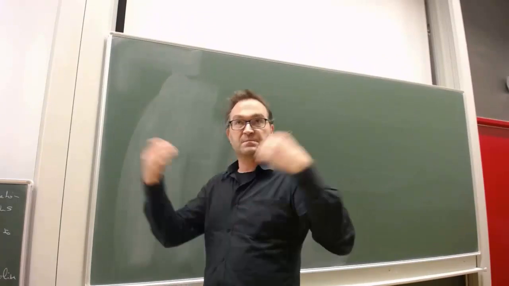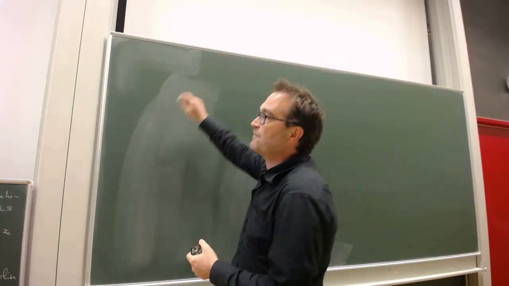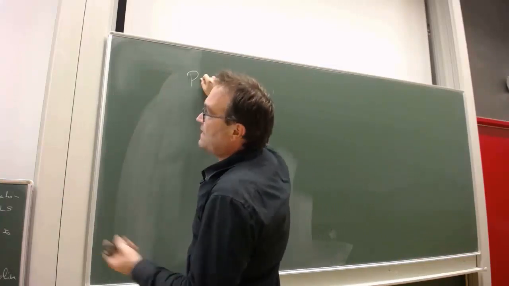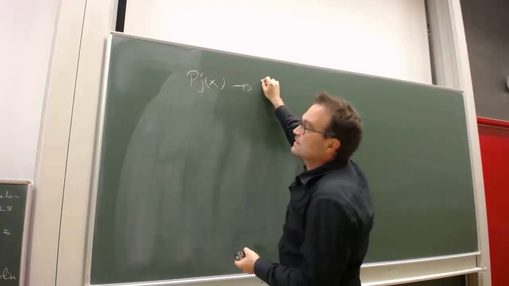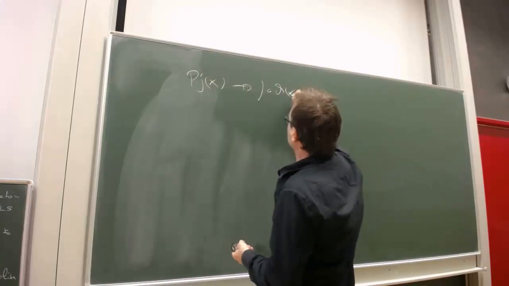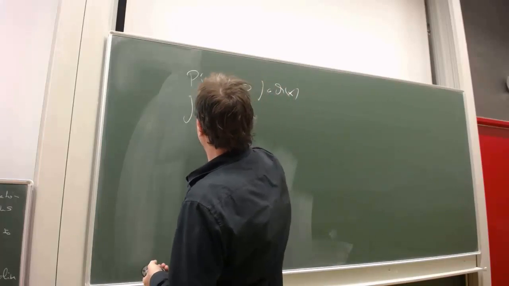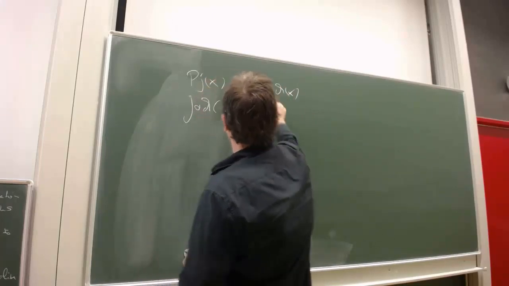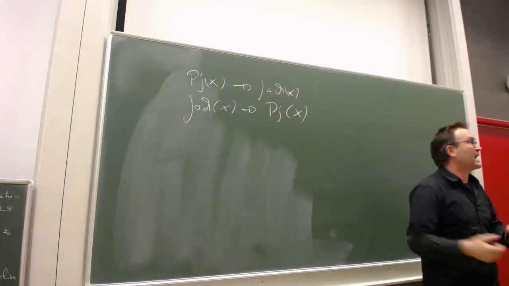Of course, we can, and now this is a thinking process that we have to do. We have to show that we have play jack of x implies jack of x. So this is still in first order logic, and the other way around is jack of x implies play jack of x. Yeah, so it's the two directions of my equivalence.